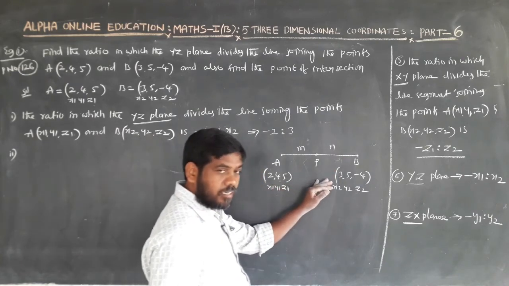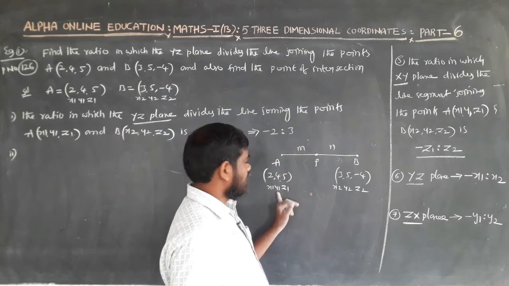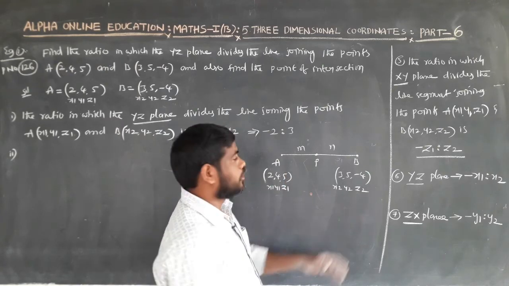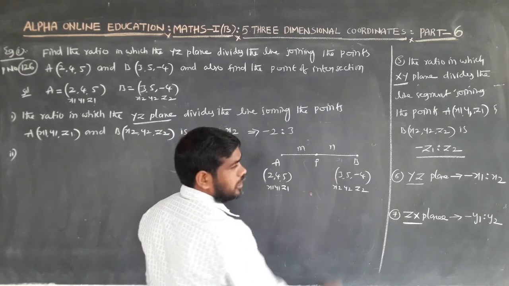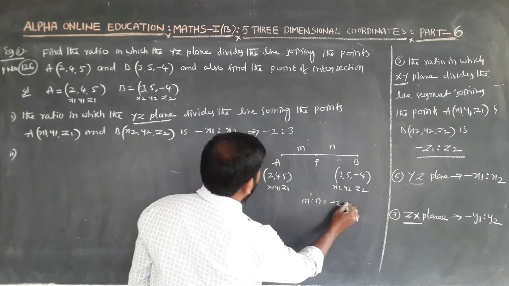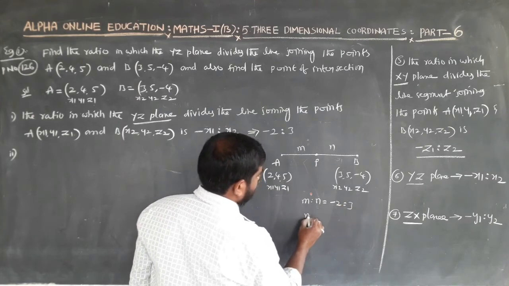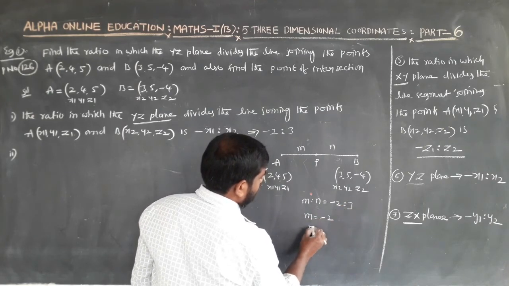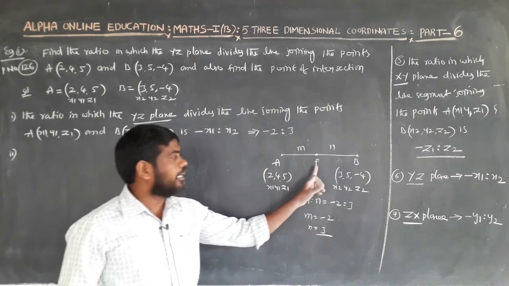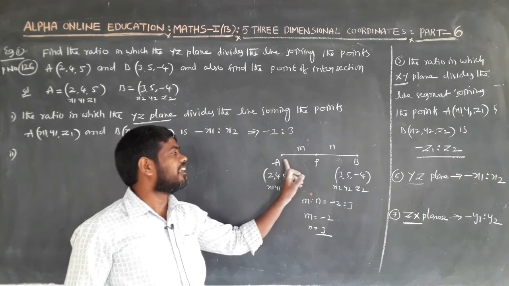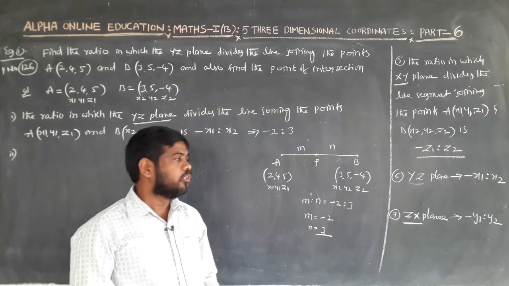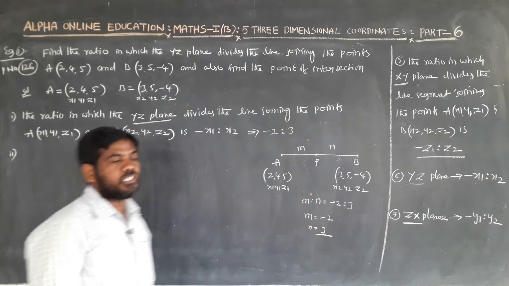Here m is to n is minus 2 is to 3, so m = -2 and n = 3.